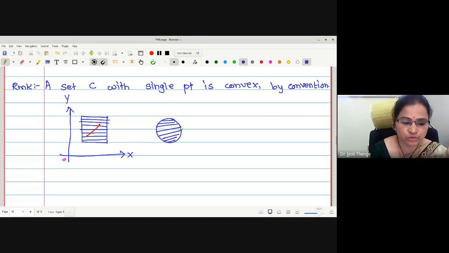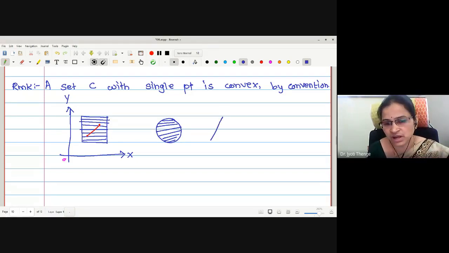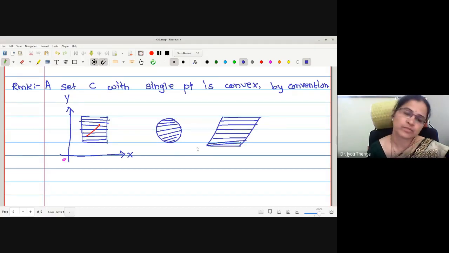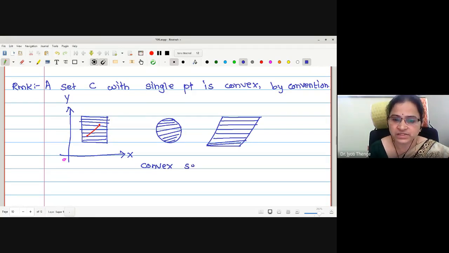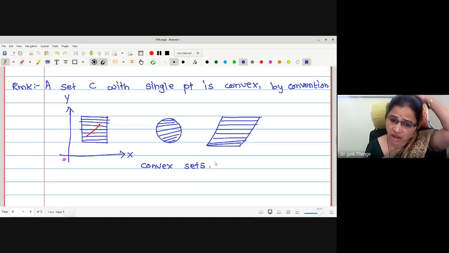If you take any 2 points, this will give us a line segment in the same set. What about a parallelogram? This is also a convex set. Therefore, all these are examples of convex sets in the R2 plane.